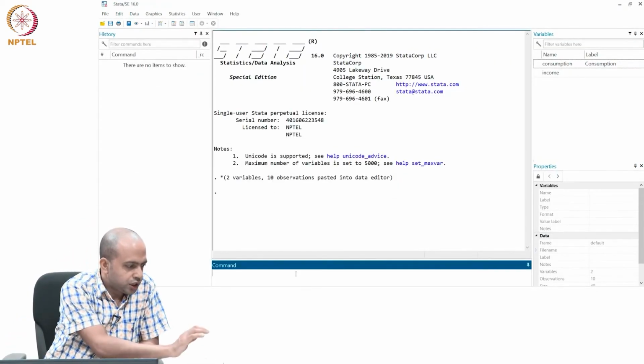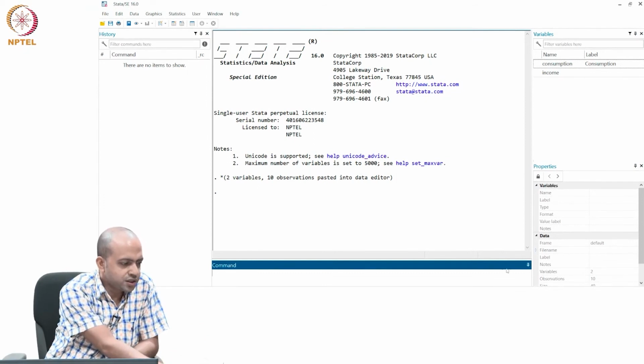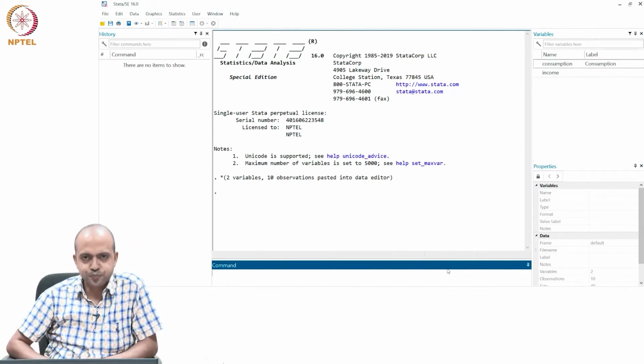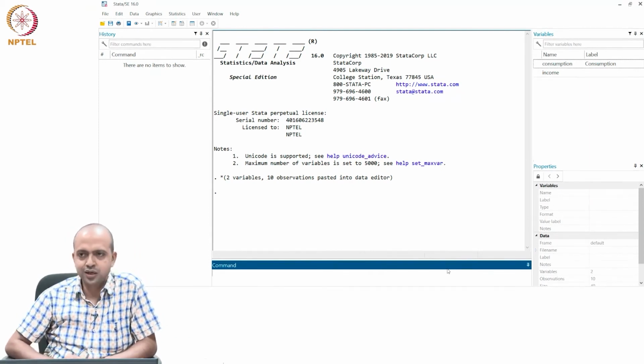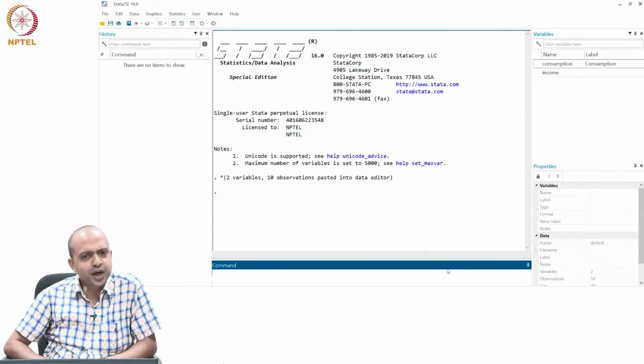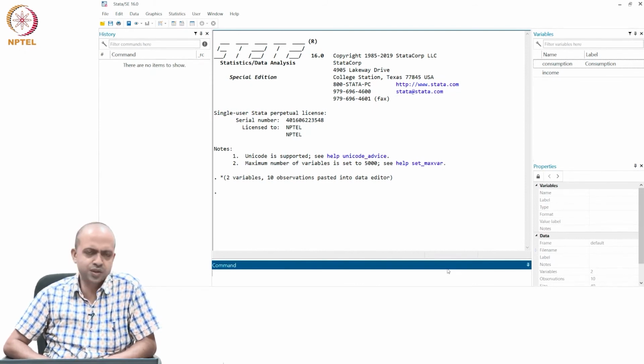In this, you see there is a window called the command window. That means whatever you would like to estimate, you have to specify a command for that, and all these commands, how to estimate a model using data, are easily available online. That is why I said earlier that estimating a model is not at all difficult. It is very simple with the advent of statistical software, but what is more important is to know the theoretical aspects of econometrics, so that after estimation you can actually interpret the coefficients.